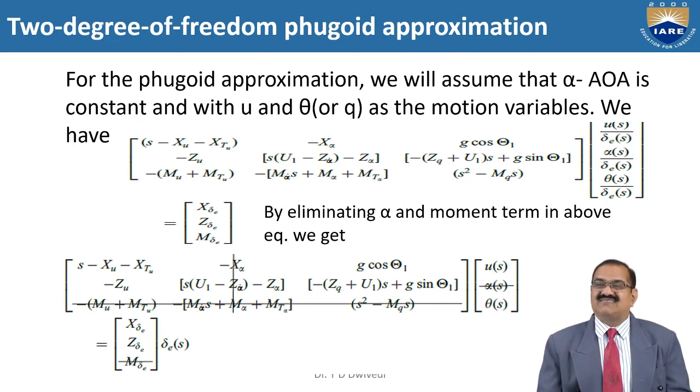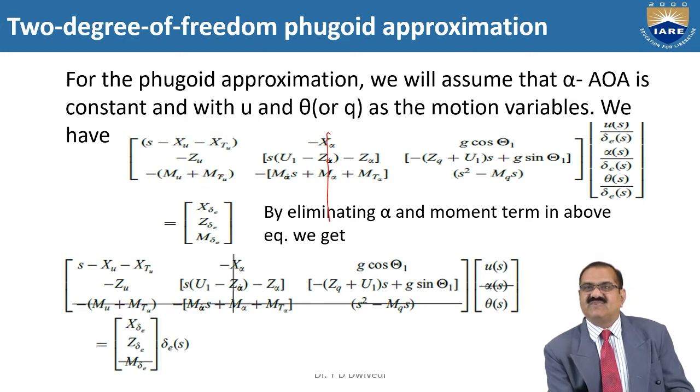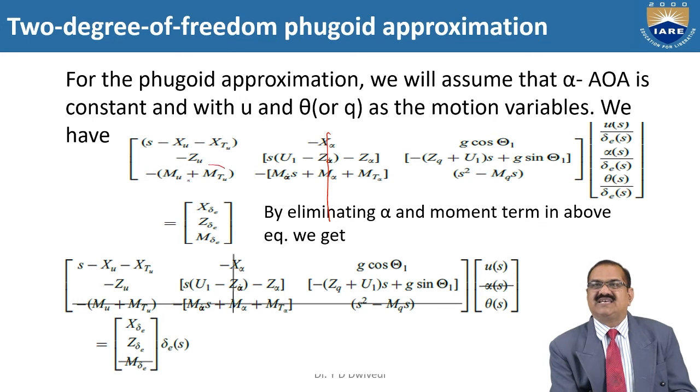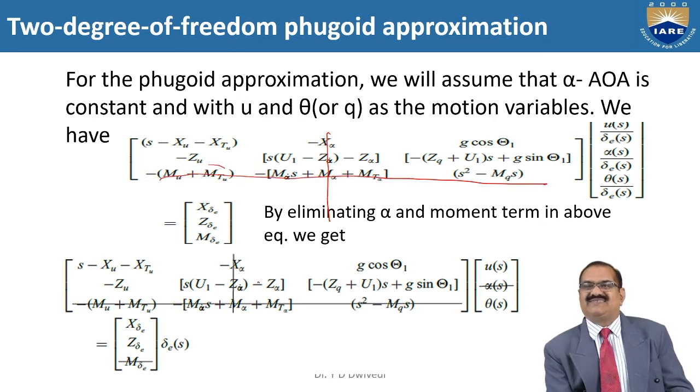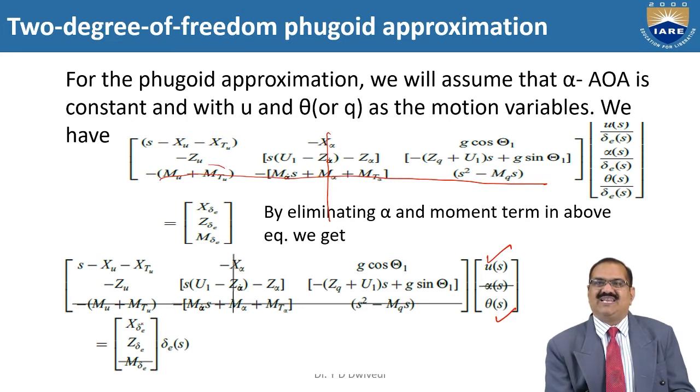If alpha is constant, then from the matrix we have already written, taking the center part and the last equations and removing the remaining parts, Mde will go, so only X delta e and Z delta e will remain.